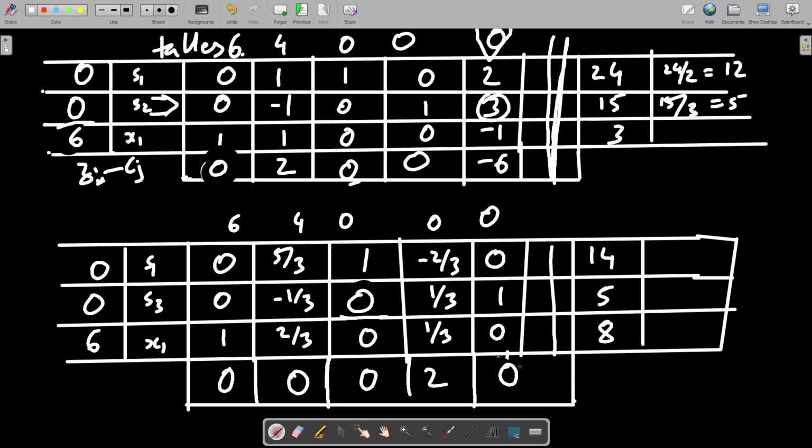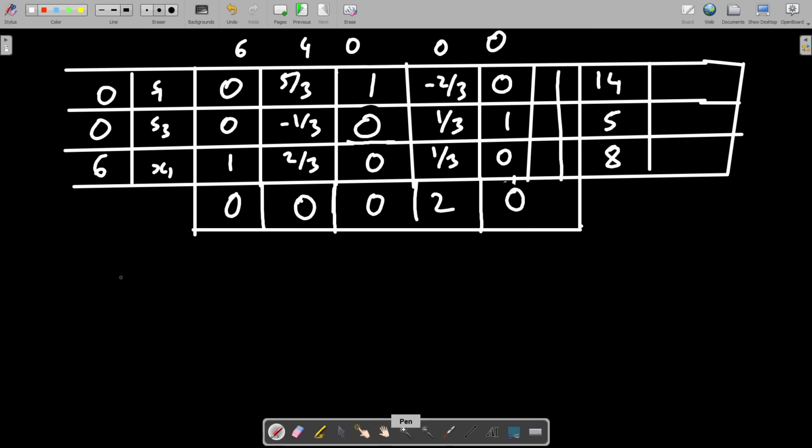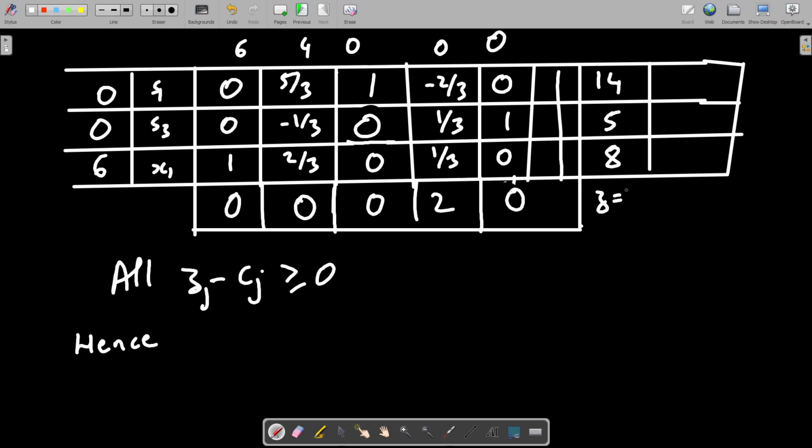Okay. Notice here that, okay, and this is z is equal to 24. 8 6 how much? 48. Hence it's been attained.